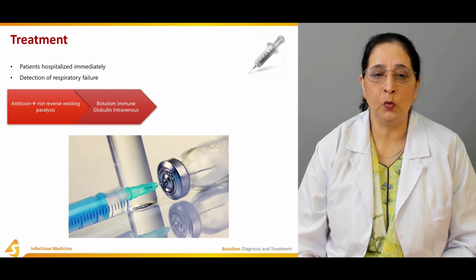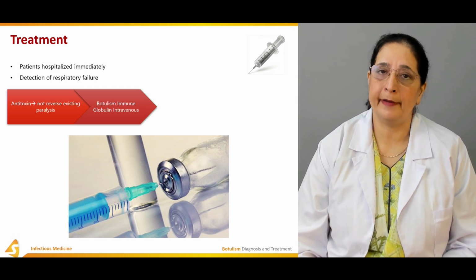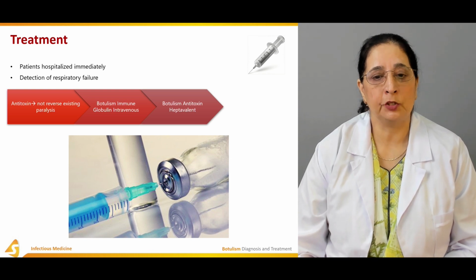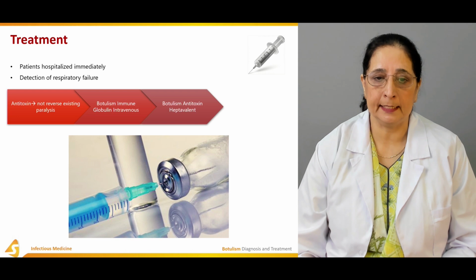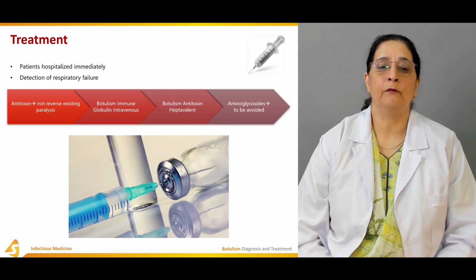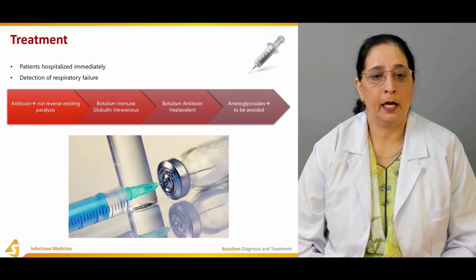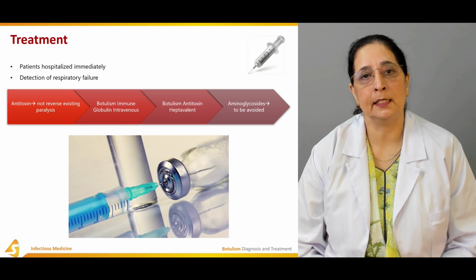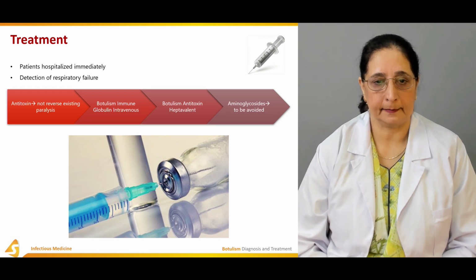Botulism immune globulin is given intravenously. Botulism antitoxin, heptavalent, is given, and aminoglycosides are to be avoided. So antitoxin cannot reverse the paralysis that is already present.